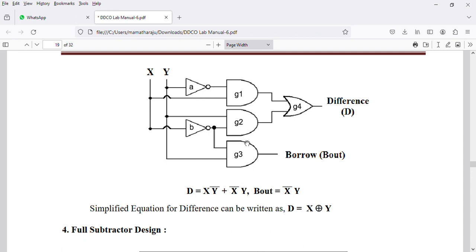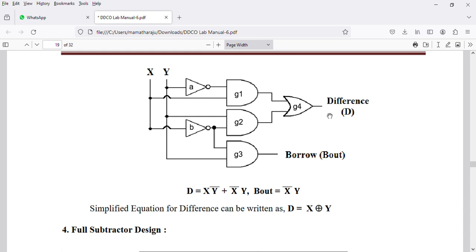Similarly, in gate 2, we send Y as it is and X is sent through the NOT gate, and we get the output X bar Y out of gate 2. We send these two outputs into the inputs of gate 4.